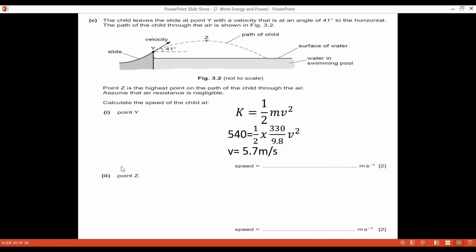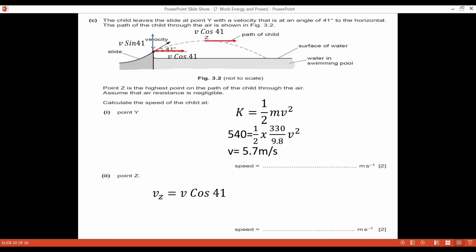अब वो कहता है what is the velocity at z. It's a projectile motion, remember. जैसे जैसे object ऊपर जाएगा उसका vertical component of velocity कम होकर zero हो जाएगा, but the horizontal velocity will remain same. तो यहां पे z के ऊपर उसके पास जो velocity है, that is the velocity which is horizontal component of initial velocity, that is v cos 45, and it will remain constant even when it hits the water.